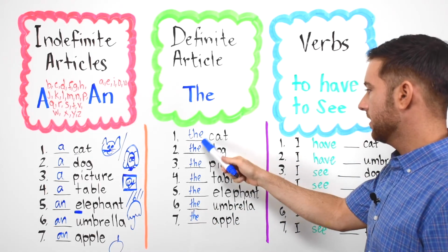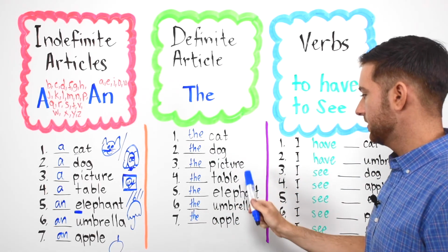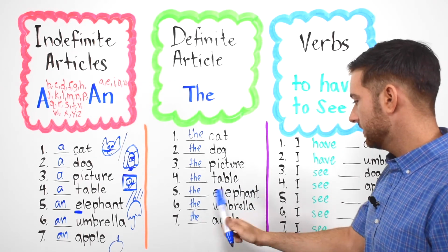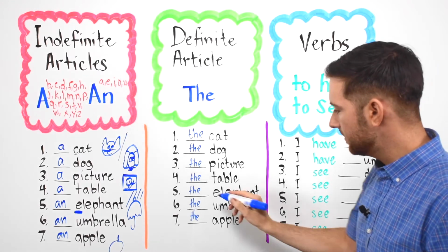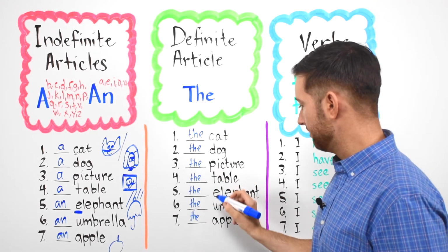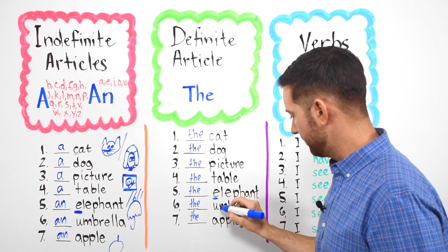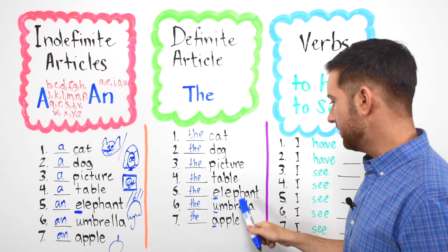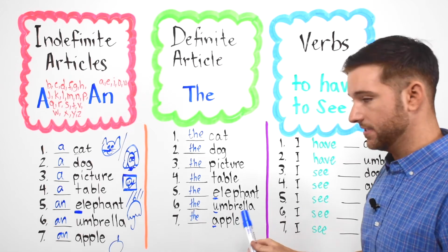Okay, oftentimes when people pronounce it "thee," we have a vowel. Okay, the elephant, the umbrella, and the apple.